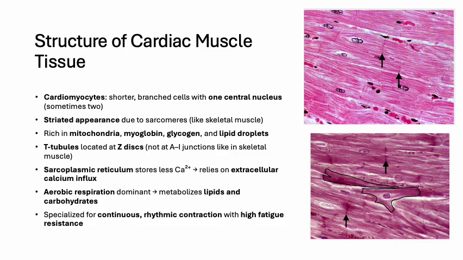It does not store much calcium, so most of the calcium needed for contraction comes from the extracellular fluid. This slows the onset of contraction compared to skeletal muscle. The structure supports the continuous, rhythmic and involuntary contractions of the heart wall and is built to never stop, with remarkable resistance to fatigue thanks to its metabolic adaptations.